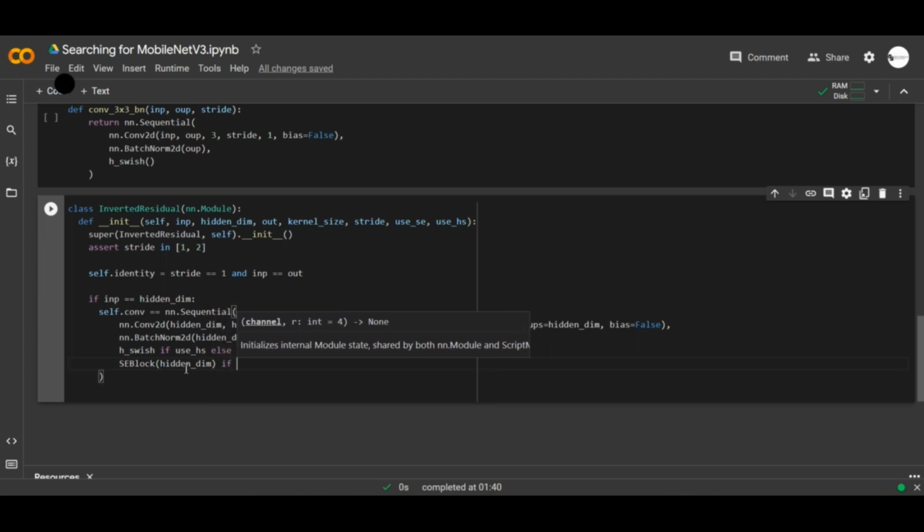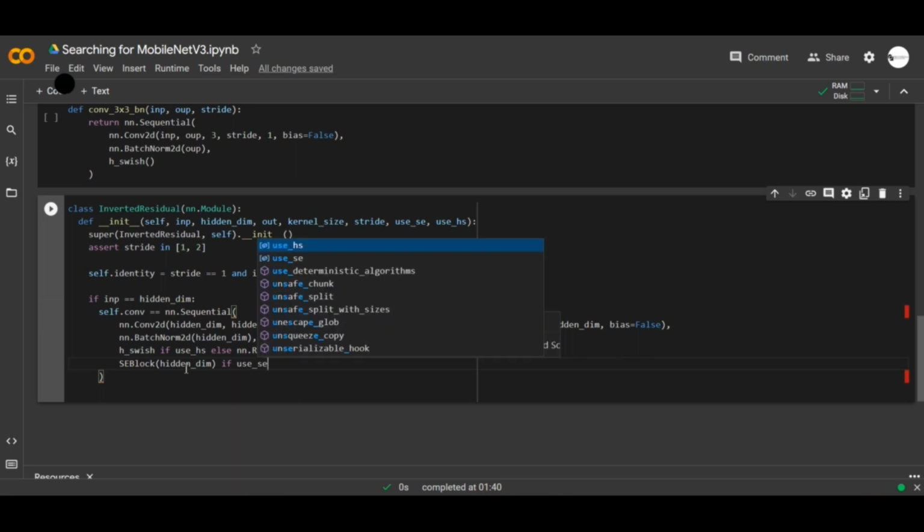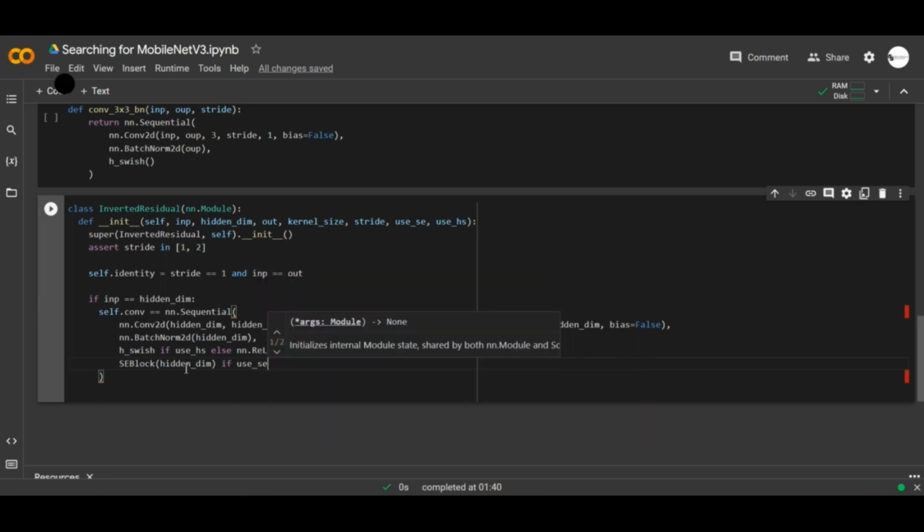So we're gonna ask ourselves if use squeeze and excitation, else we're gonna say nn.Identity, remain the same. Identity, yes, this should be nn.